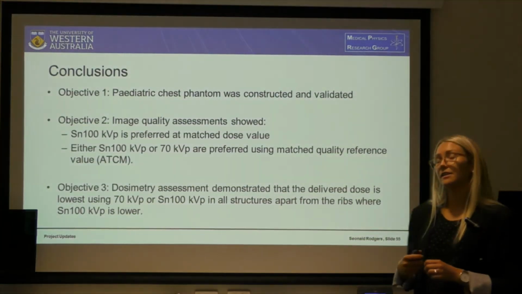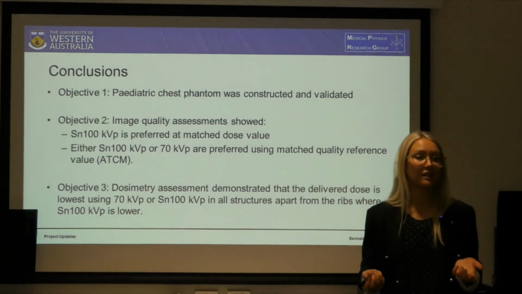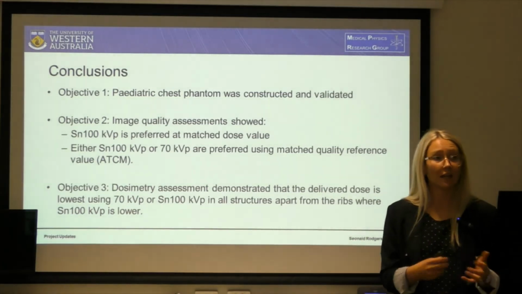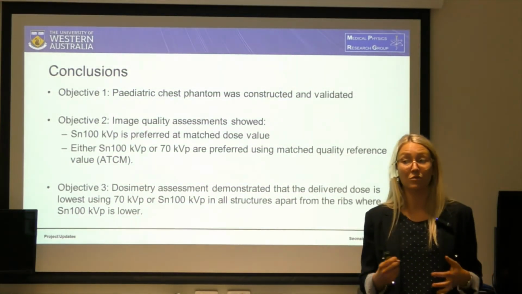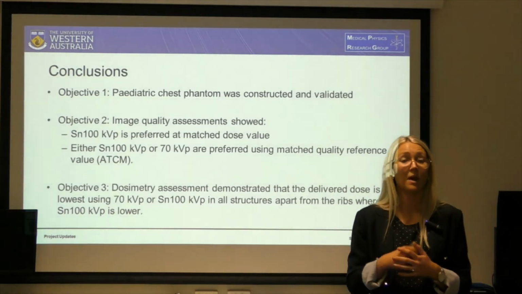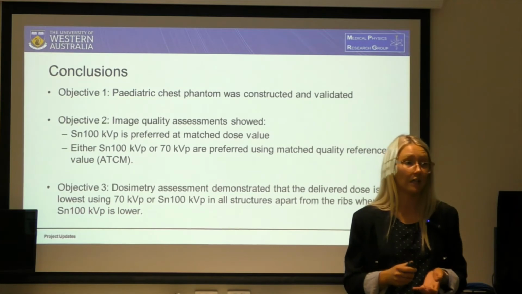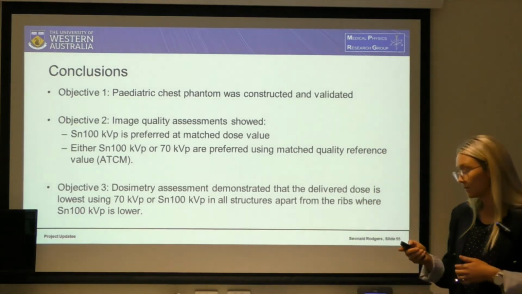The final objective, the dosimetry measurement, suggested that either the 70 kVp or the tin 100 kVp can deposit overall low doses throughout all structures in the phantom, apart from the bones, where the absorption of X-rays is slightly higher in the 70 kVp.